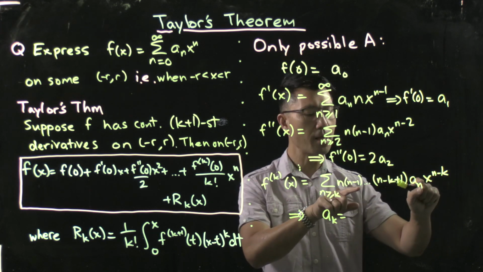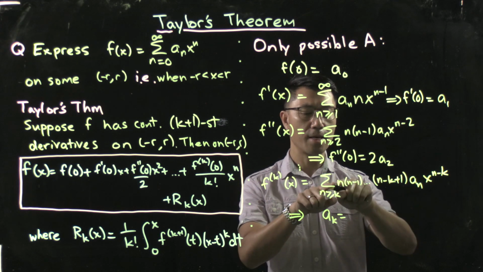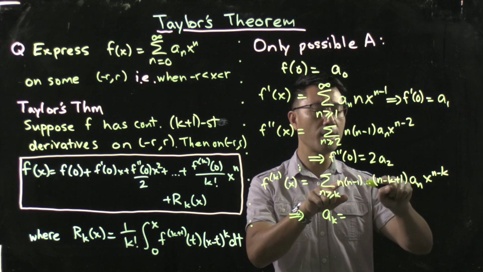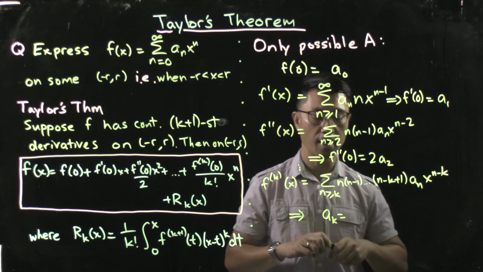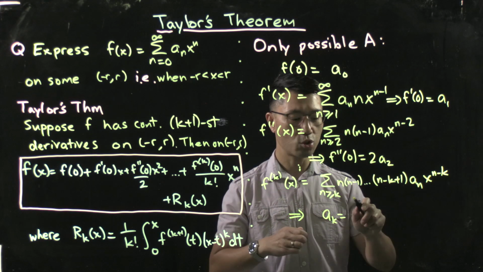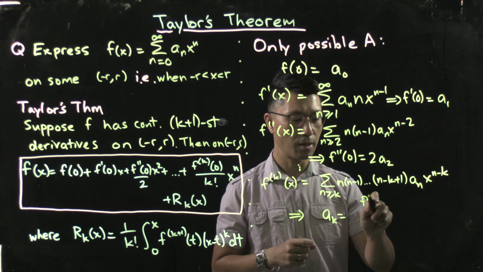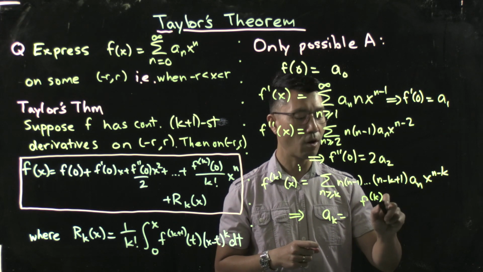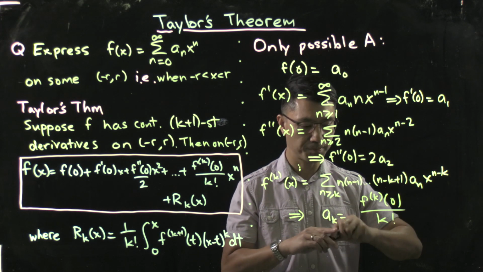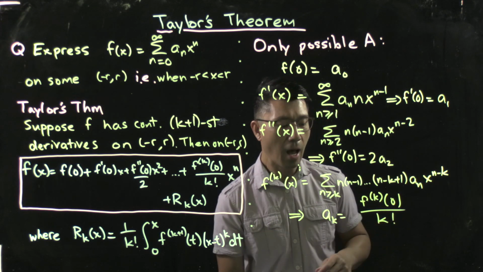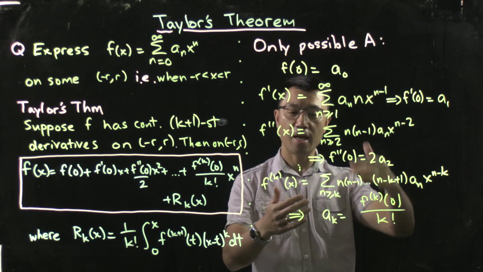So when n equals k, what do you have here? N equals k, so you have k times k minus 1 all the way down to n minus k here gives you 1. So that's k factorial times ak. So that means what you want to do is you want to have a look at the kth derivative of f at 0 and divide this by k factorial. And so that gives you the kth term.